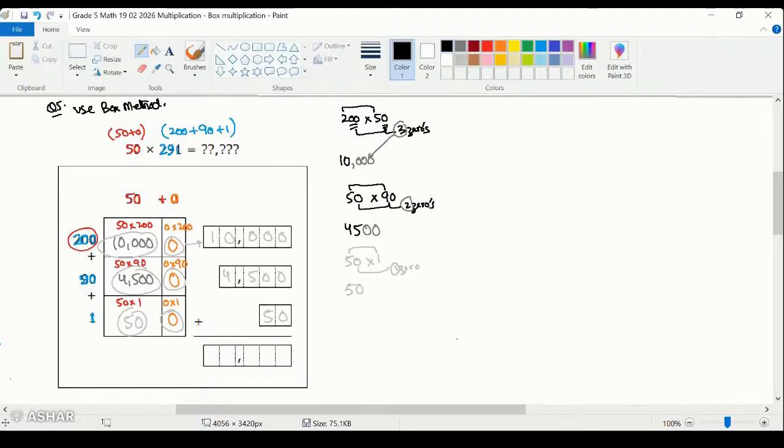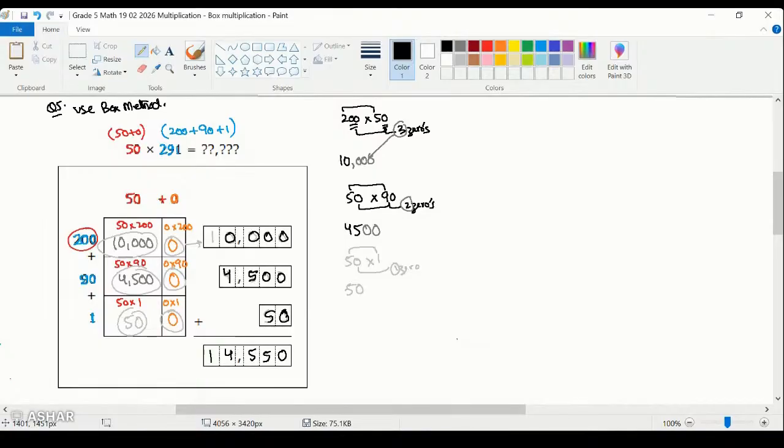When we add these numbers together, 0 plus 0 plus 0 is still 0. 0 plus 0 plus 5 is 5. 0 plus 5 is still 5. 0 plus 4, this is thousands. And the answer comes out to be 14,550. Agreed?